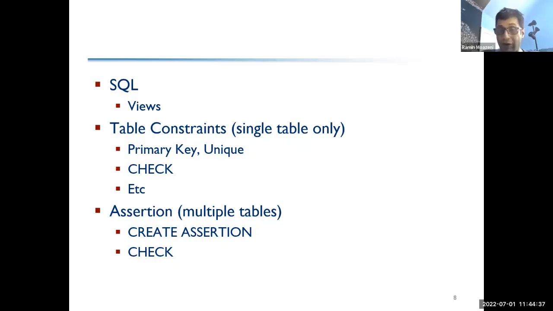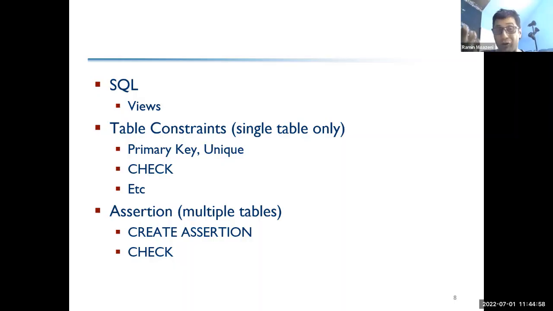It's not efficient. Why? Because as we said, every time your database is updated, the whole assertion will get evaluated. So it's not efficient at all. And remember, we are saying every time the database is updated, not just the tables involved in that assertion.